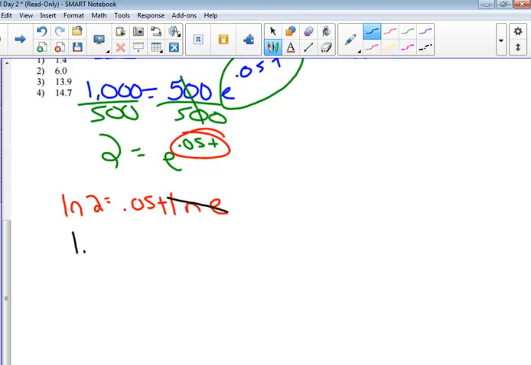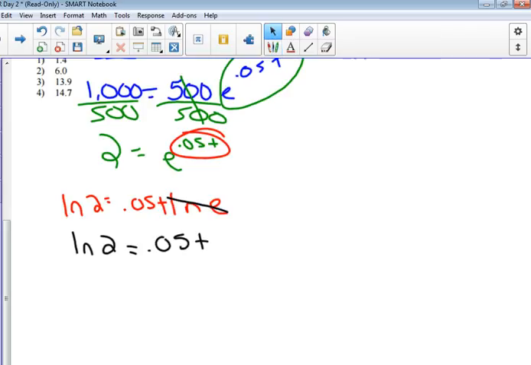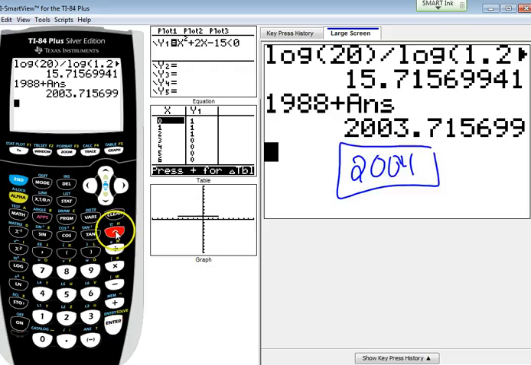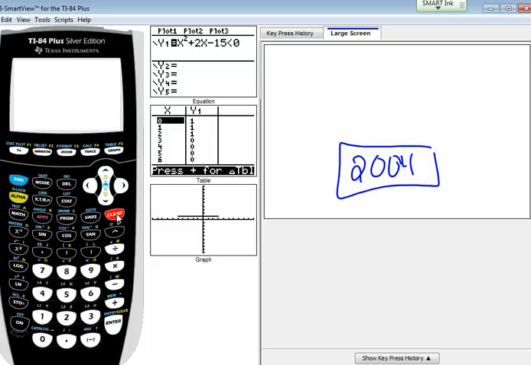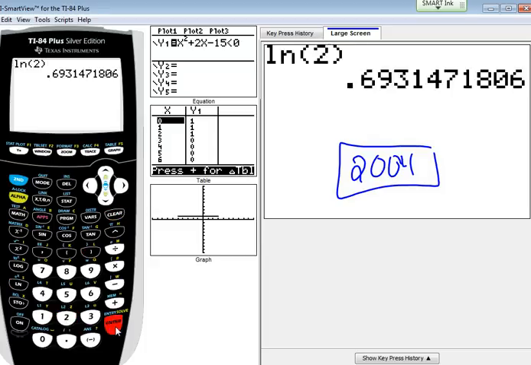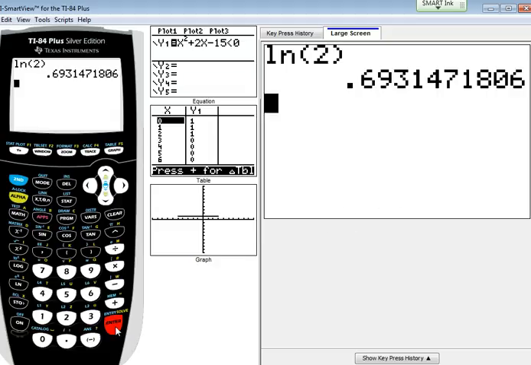Alright, so I need to find ln 2. Good. And just be careful you don't round this, keep it in your calculator. If you want to show your work and write part of it out, that's fine.